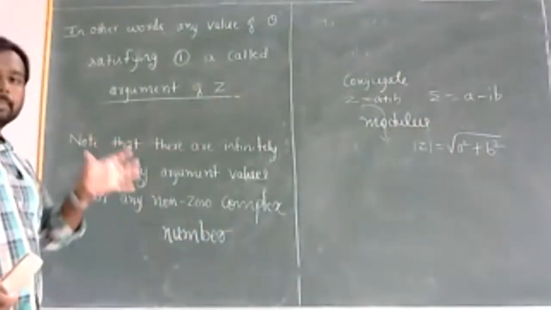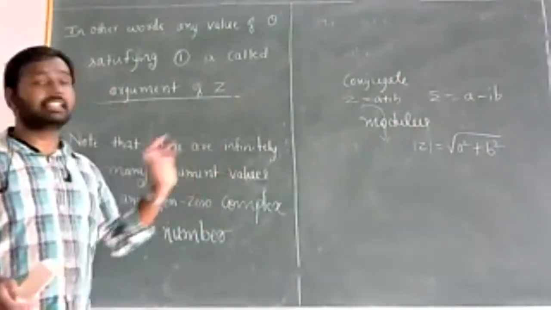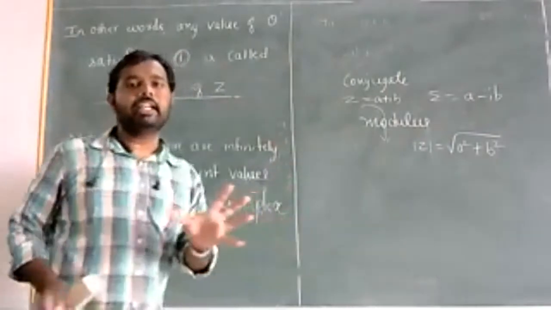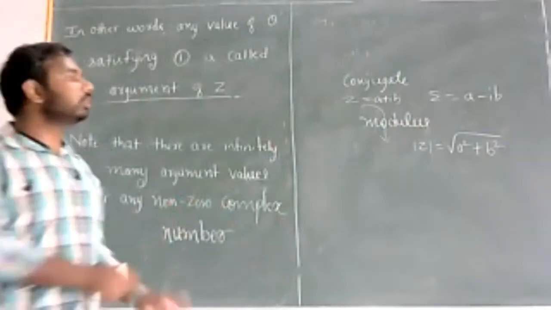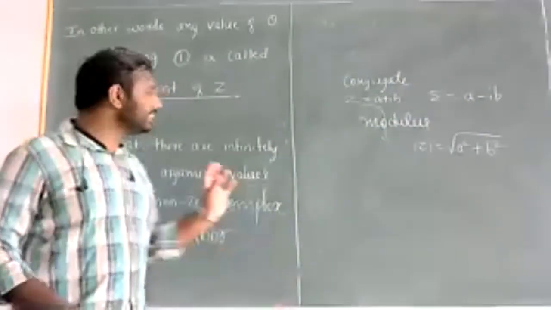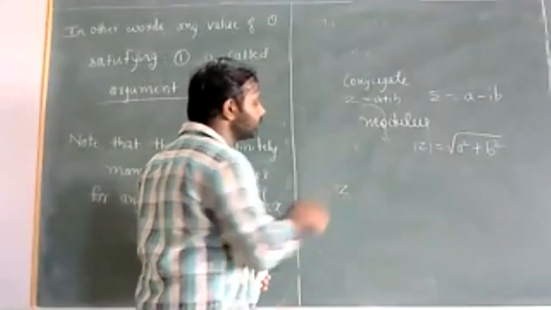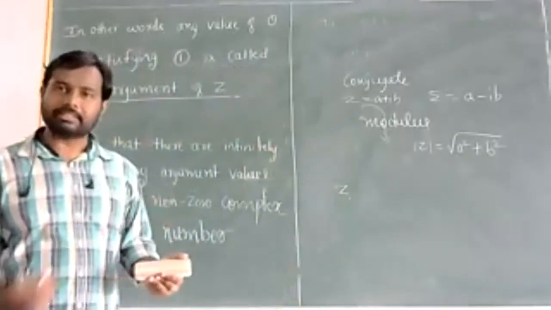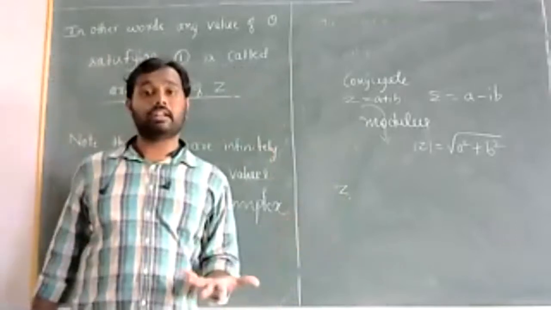For a complex number z, argument has infinitely many values, but for calculation purposes we need a unique value, right? So across the universe, if I say argument of some complex number z, while calculating or proving some results, you have to take a standard value, right?